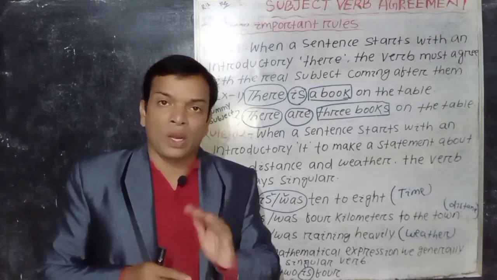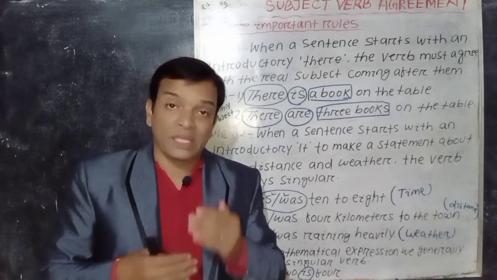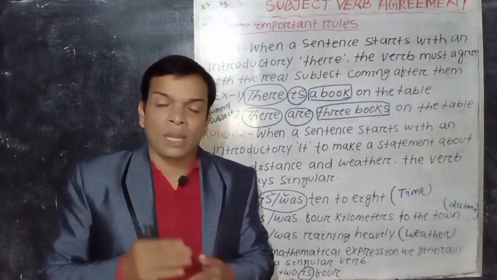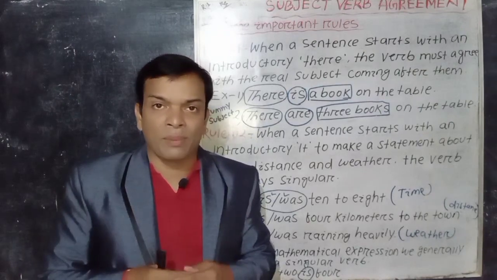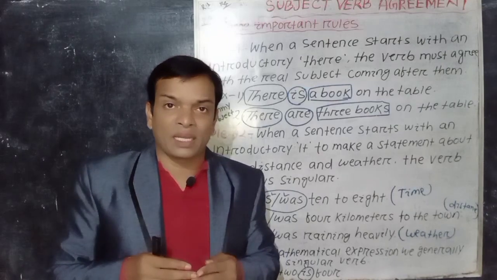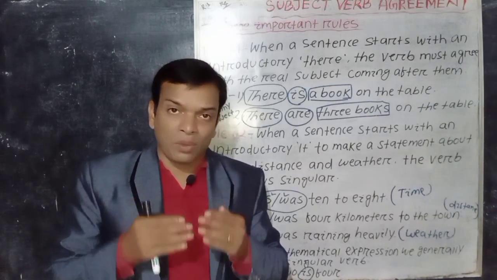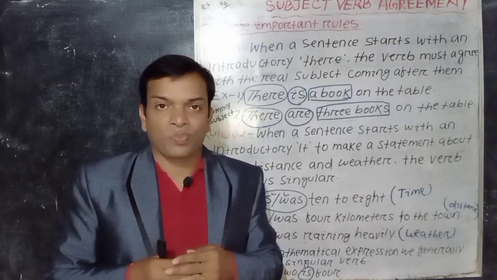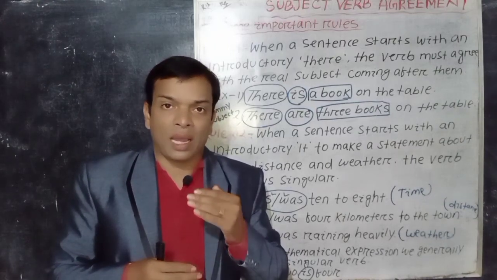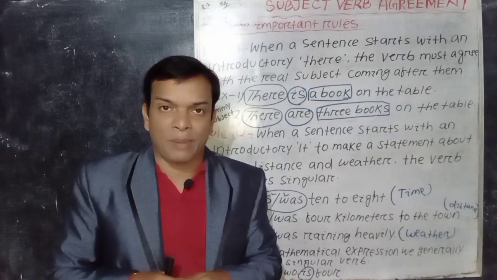It is also a 100% grammatical sentence, but generally we use singular, that is 2 plus 2 is equal to 4. 4 into 3 is equal to 12, 10 minus 5 is equal to 5. So these are mathematical expressions, and we generally use the singular, but some people also use the plural form, and the sentences are also 100% grammatical.